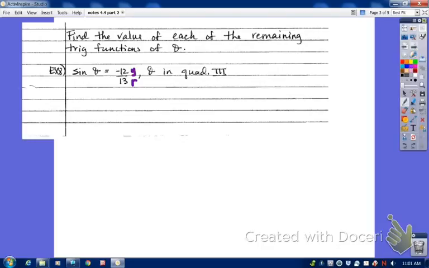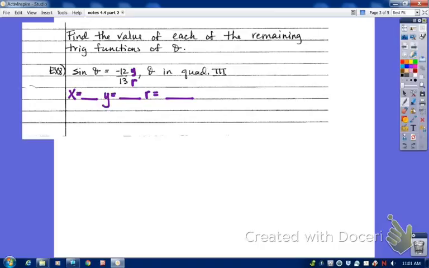Okay? So what I like to do is write down x is equal to, y is equal to, and r is equal to, because I've got to know all three of these values in order to work this problem. Okay? The radius is never negative. The radius of a circle is never negative.